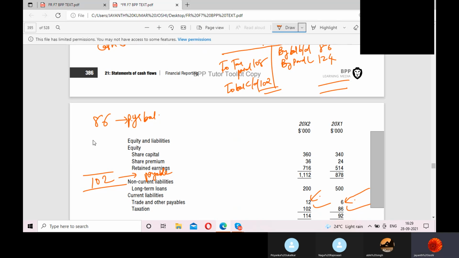And you made a provision of how much? 124. This is the current year estimate of what you are supposed to pay next year finally. So how much did you pay this year? What is that balance? 108. So tax paid is 108. That's what.